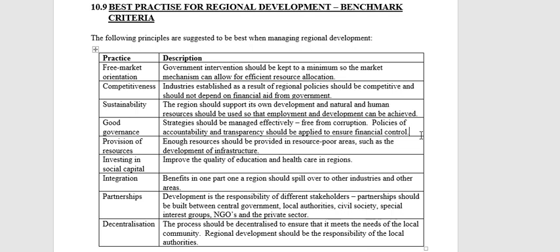The provision of resources. Obviously, where resources are lacking in certain areas, for example infrastructure, remember we said that no business in its right mind will go and establish itself in an underdeveloped area unless the infrastructure is provided. So in order to create industrial development in some of these areas, it might be necessary for the government to provide the resources that are needed.